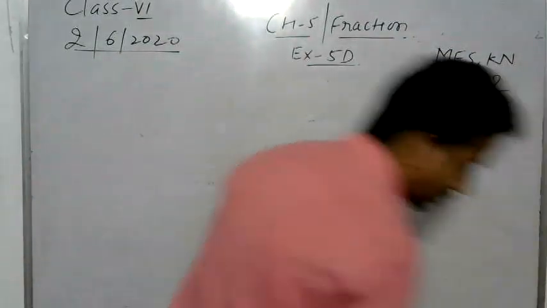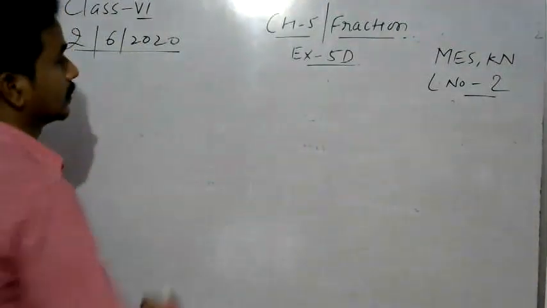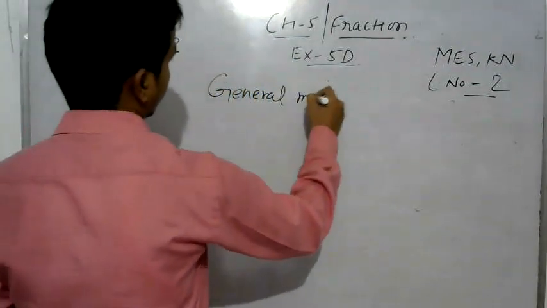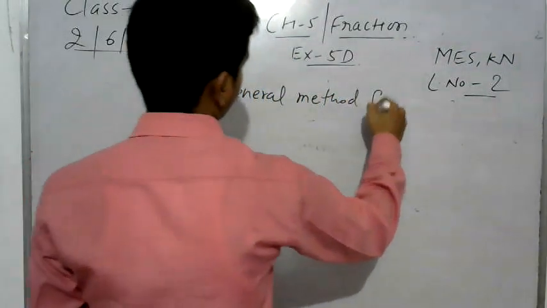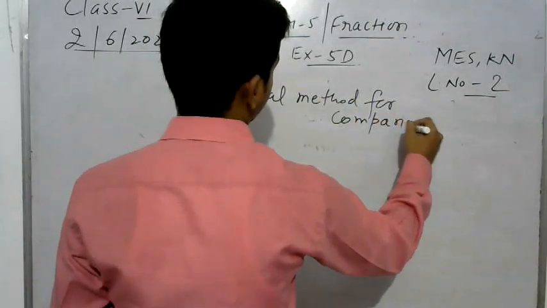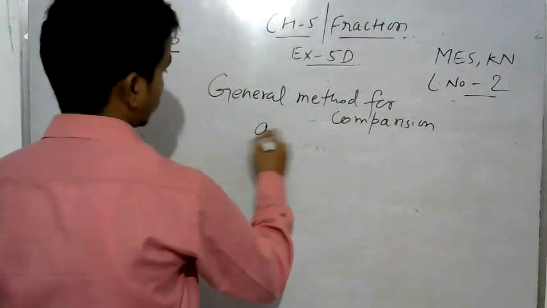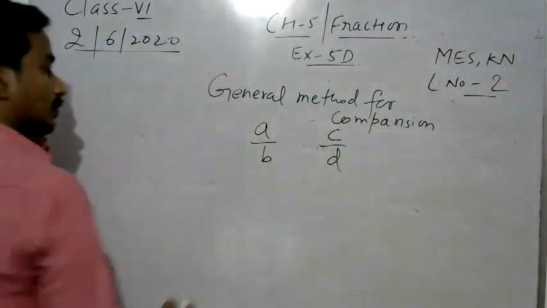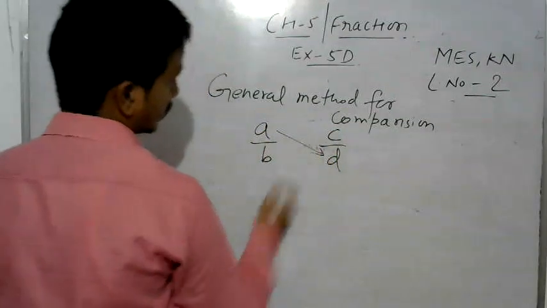Now let's see the general method for comparison. Suppose you have two fractions a by b and c by d. First of all, you have to multiply.